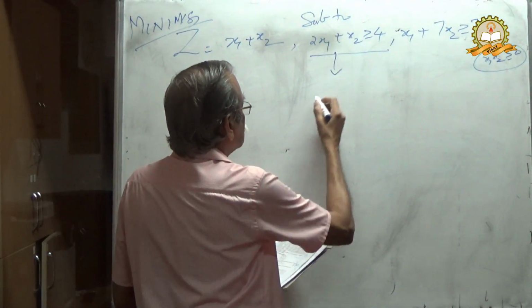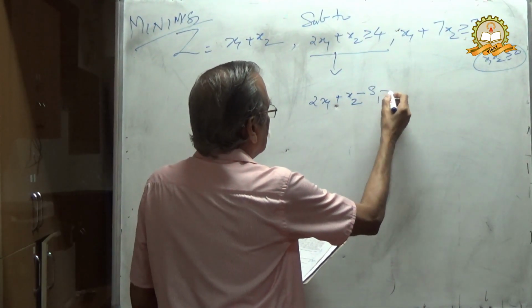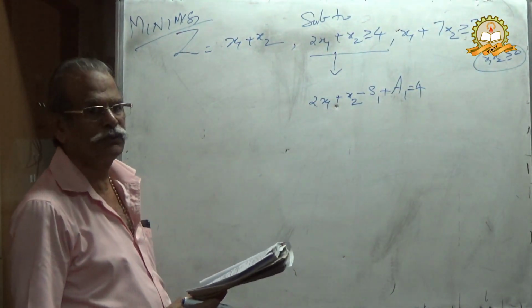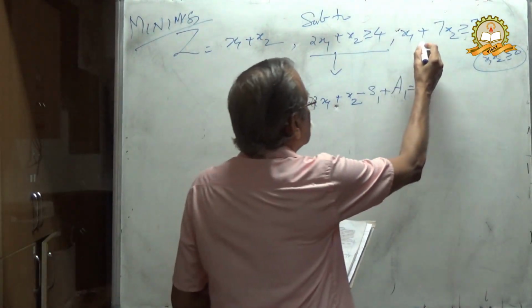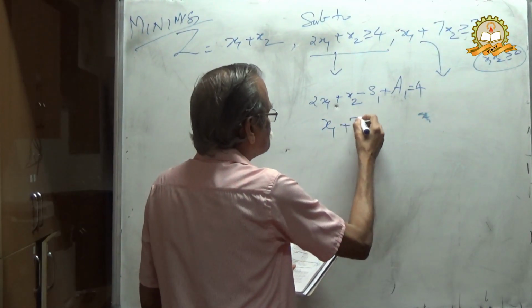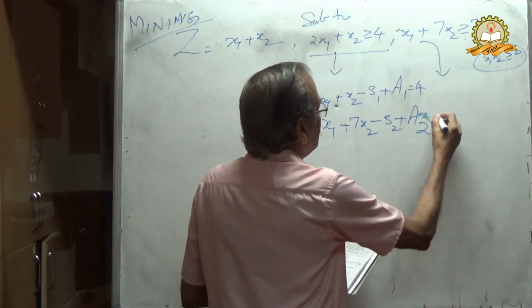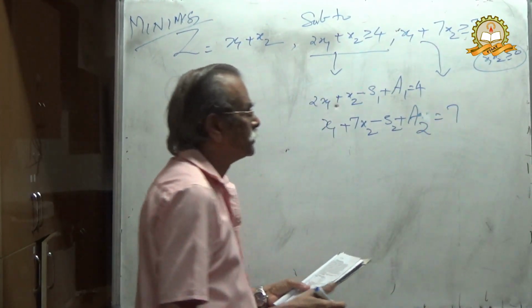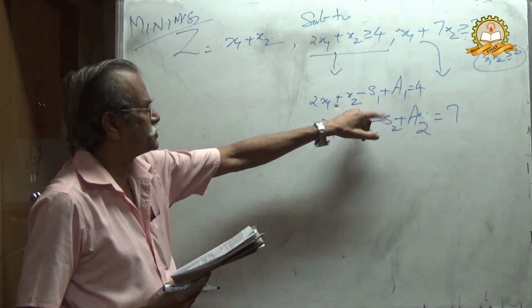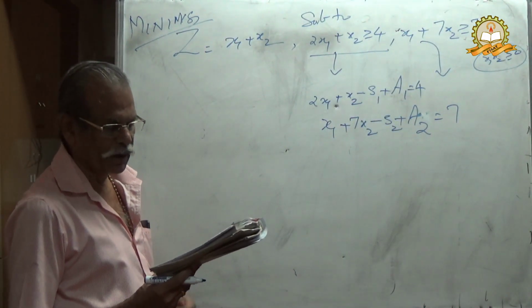So this changes to 2x1 plus x2 minus s1 plus a1 equal to 4. Similarly, the second constraint becomes x1 plus 7x2 minus s2 plus a2 equal to 7.